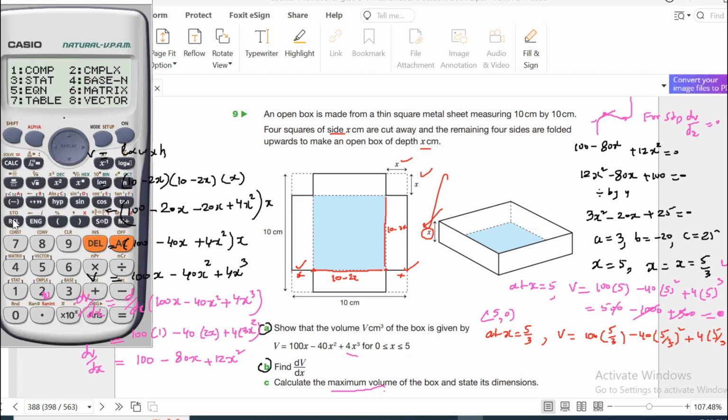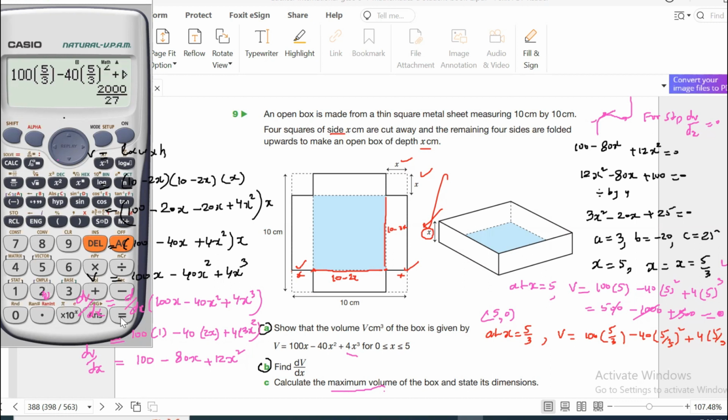I need a normal one, and I'm plotting these values: 100 times 5 over 3, then minus 40 times 5 over 3 squared, and then plus 4 times 5 over 3 to the power of cube.